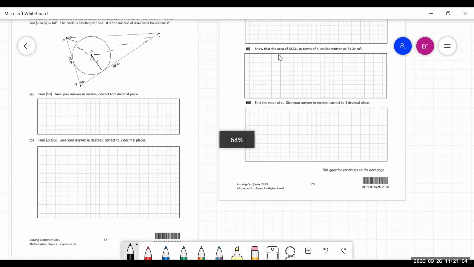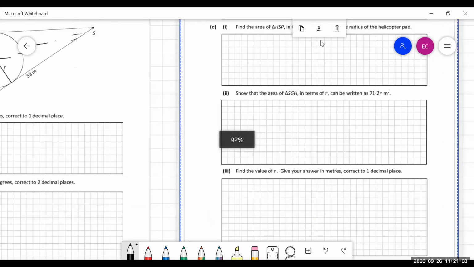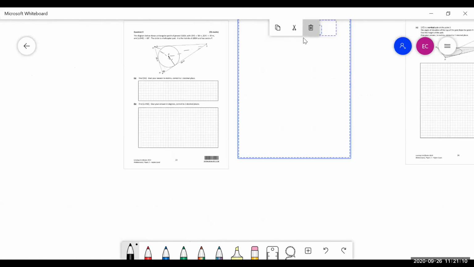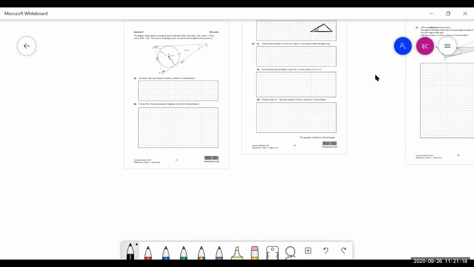So I'll just bring it up here. Similar to what we would have used in the last question. So that's half of AB by sine theta.